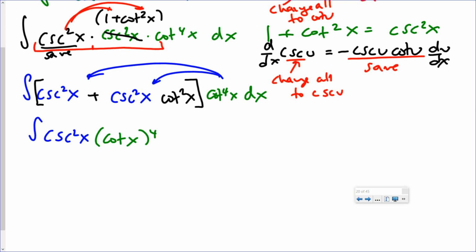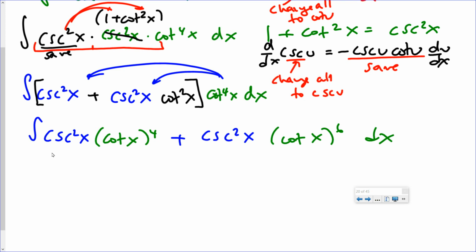I also have a cosecant squared here times cotangent squared times cotangent 4, which is cotangent 6. So I'm going to have cotangent x to the 6th. I still have just a buy one, get one free. I was hoping for more free, but not bad. One free is better than none free. It's still like 50% savings, right?